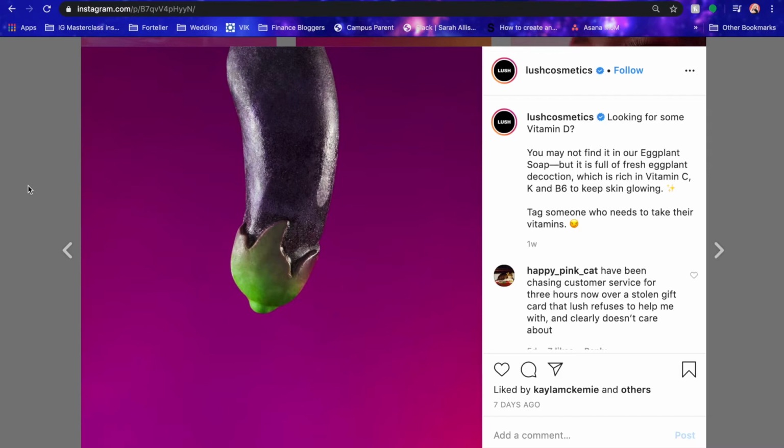Then taking a slang term for sexual relations, if you will, looking for some vitamin D, that is a joke that literally everyone has said to each other. And if it's not a joke you've ever heard, it's time to get out from underneath that rock. But my point in here being that they're not just being comedic and doing that through the photo, but they're also being informative. And they're also creating a call to action.